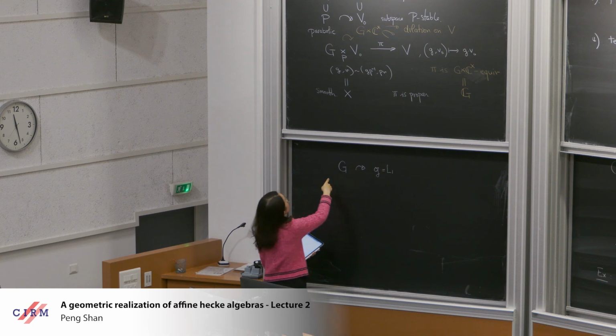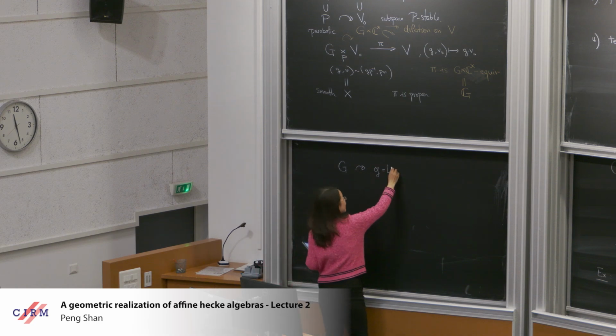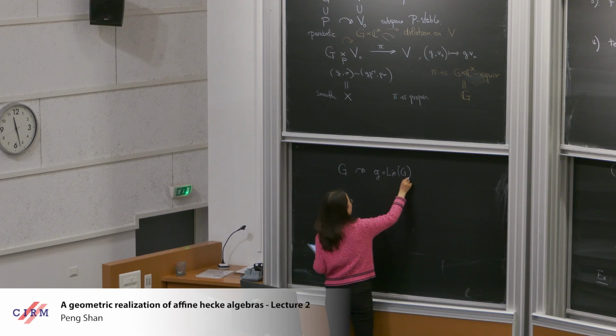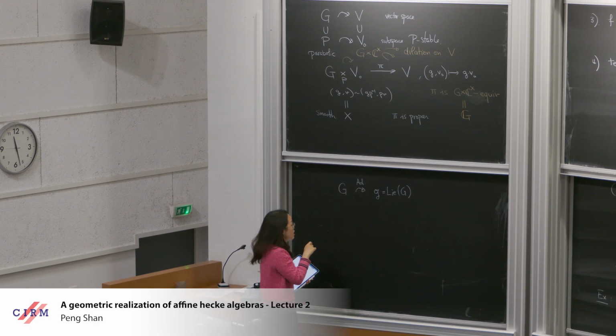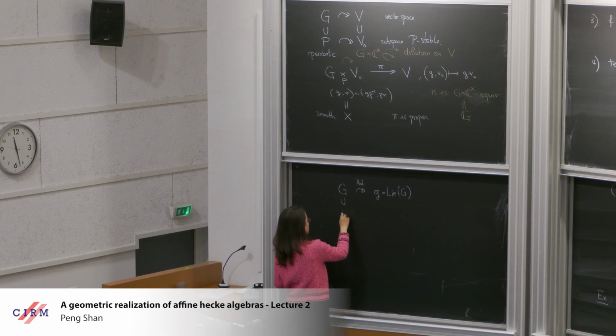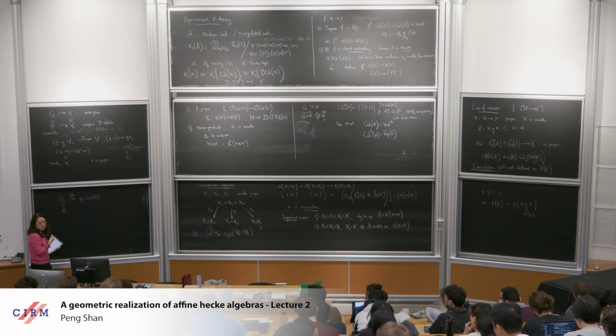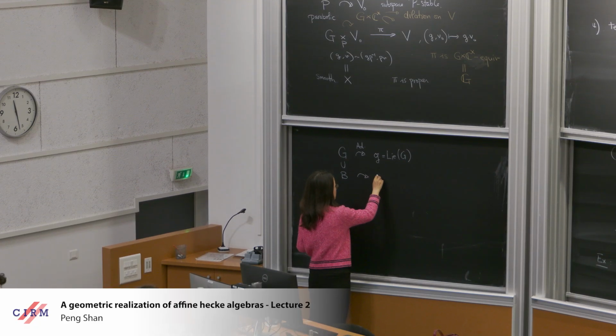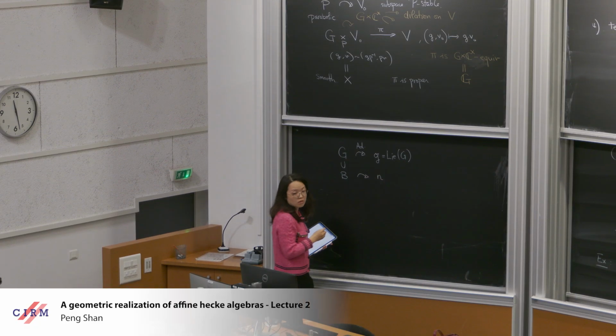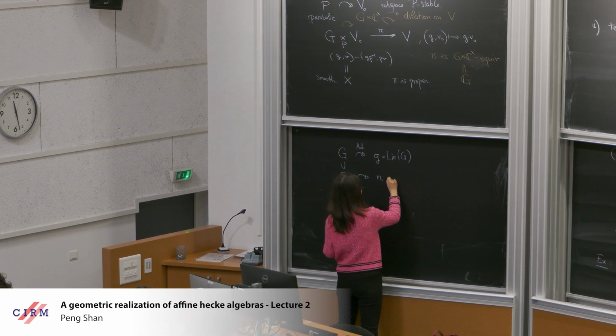Well, by the way, I have assumed my G is over C. So on its Lie algebra by the adjoint action. Okay. And then here I have a fixed Borel subgroup as yesterday. And it acts on the Lie algebra of itself, and in particular, this action preserves the nilradical of its Lie algebra.